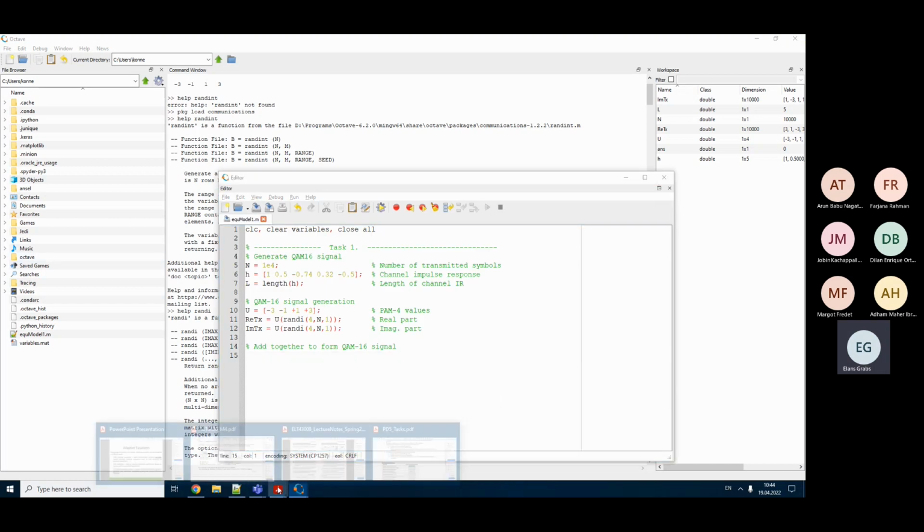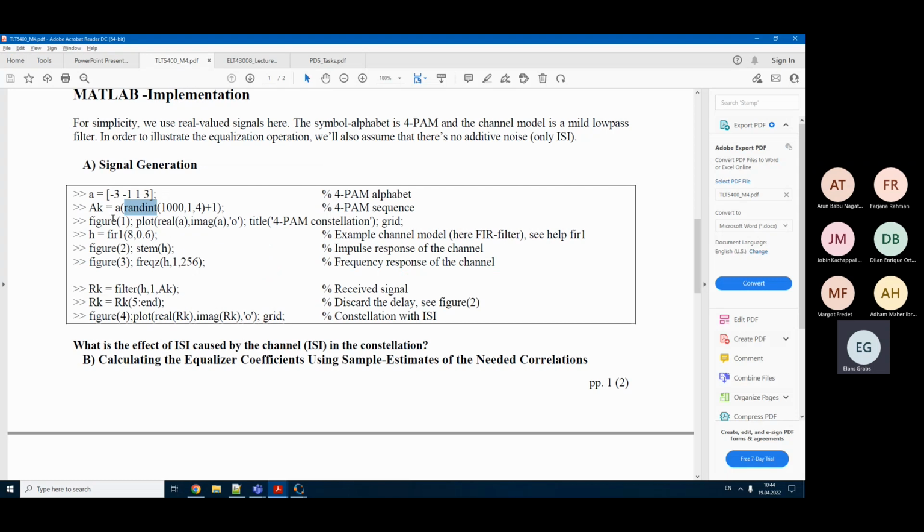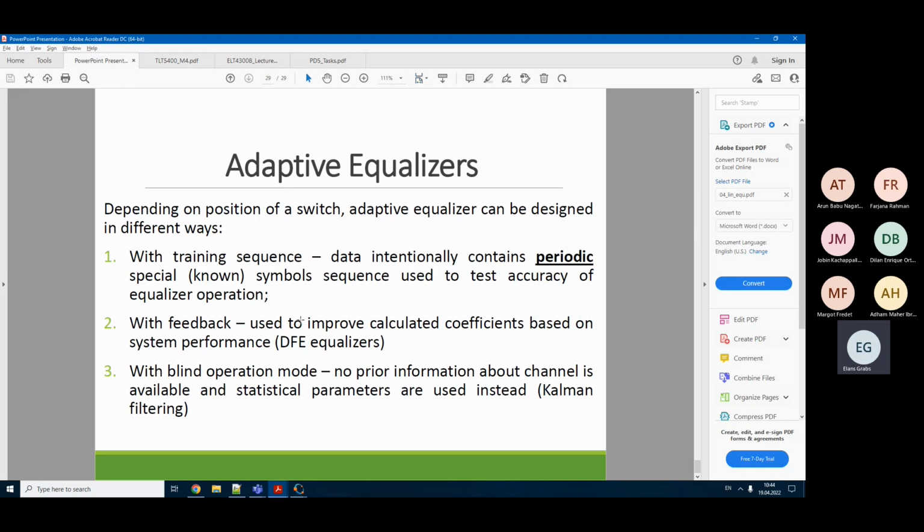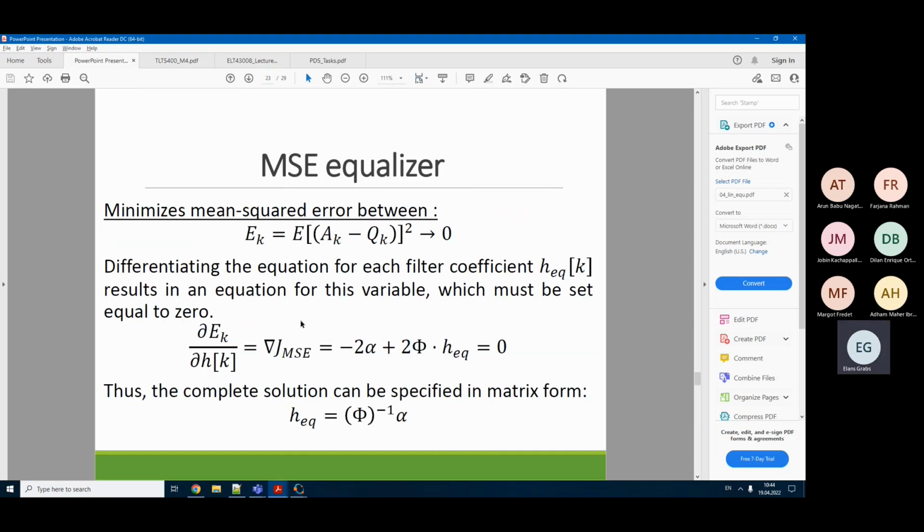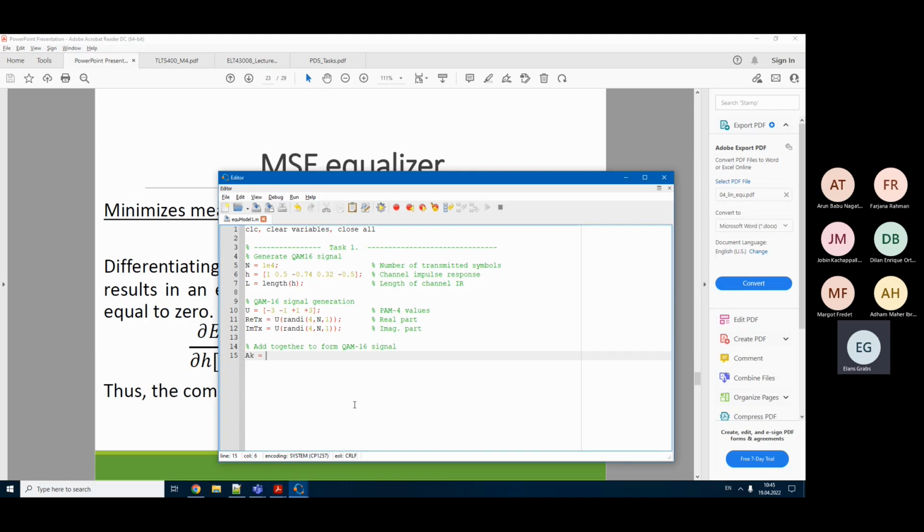What I wanted to see is how we call this signal. This is our original expected signal from the lecture, A_K. So we are going to call it AK, and that would be the real transmitted part plus 1i multiplied with the imaginary transmitted part. This is the original data.